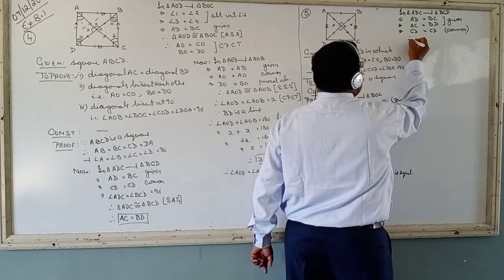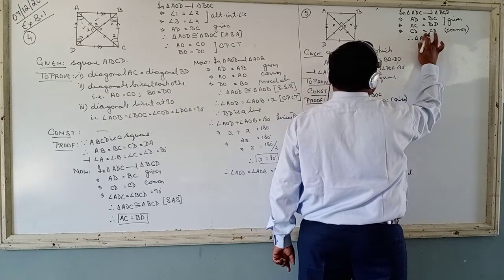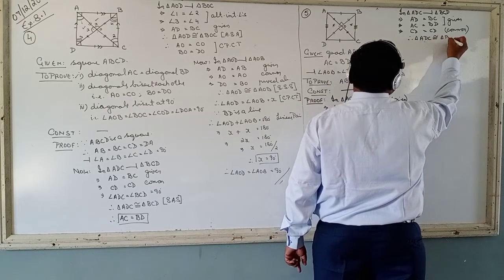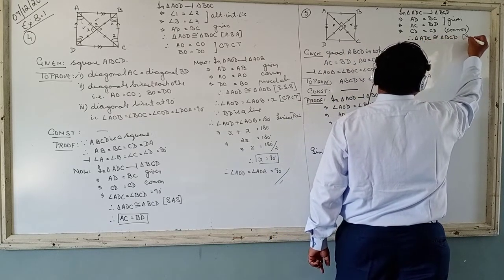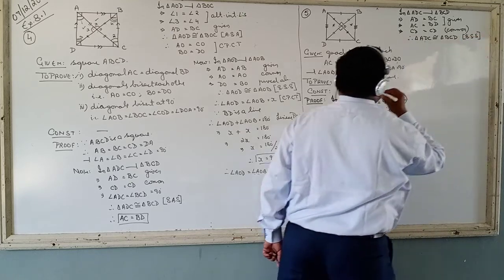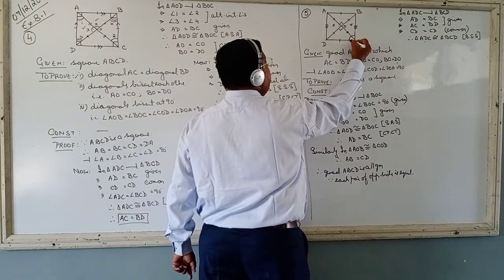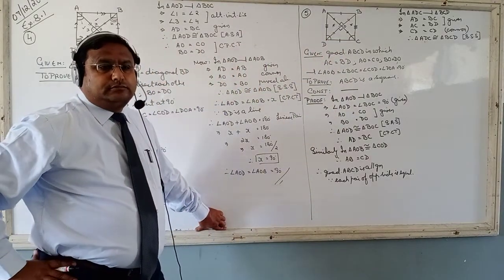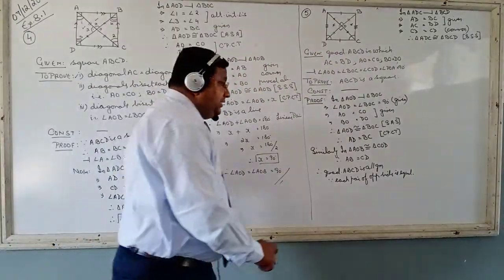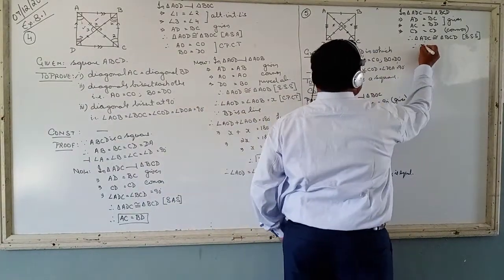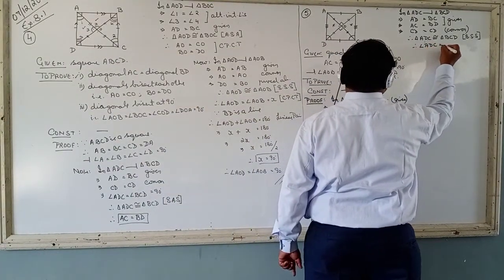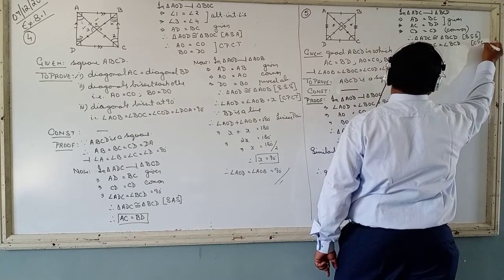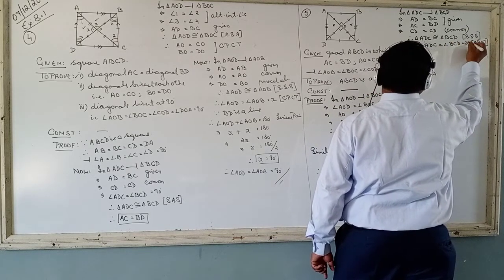So therefore, triangle ABC is congruent to triangle BCD by what congruency? SSS. And if these two are congruent, is this angle equal to this angle? CPCT. So therefore, angle ABC equals angle BCD. Reason: CPCT. We call it x.